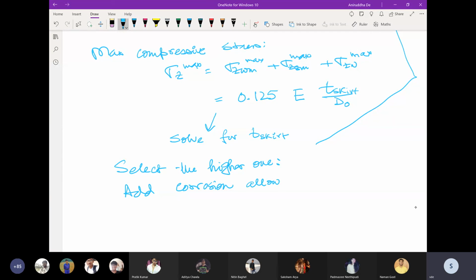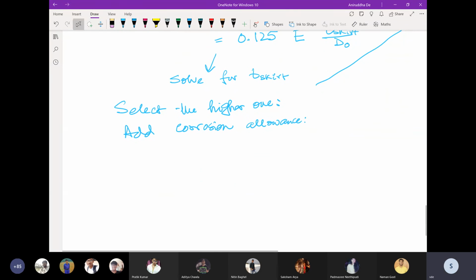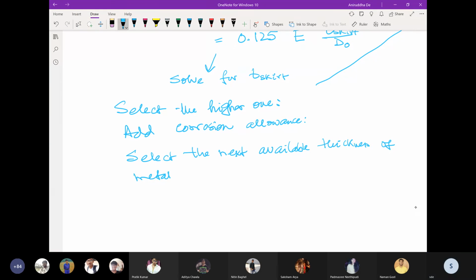You can add 2 millimeter corrosion allowance. Then select the next available thickness of metal sheet to fabricate.